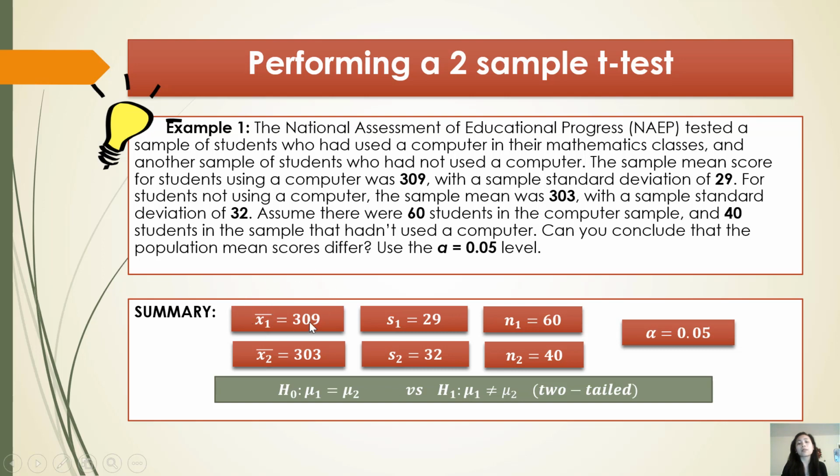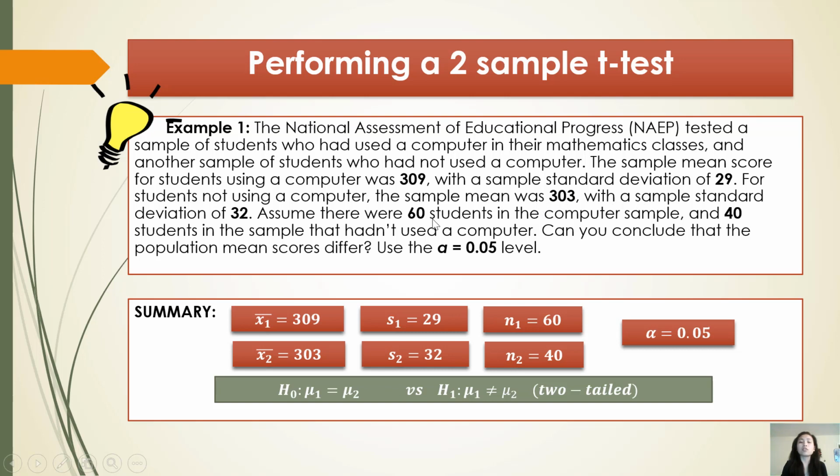And then with a sample standard deviation, we are talking about the same sample. They give you the sample standard deviation, not the population standard deviation. That means sigma 1 is not given. We know s1 is 29. And for students not using a computer, the sample mean was 303. This talks about the sample mean of the second sample.